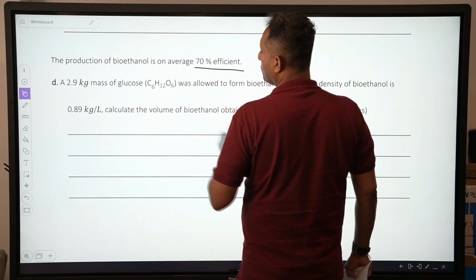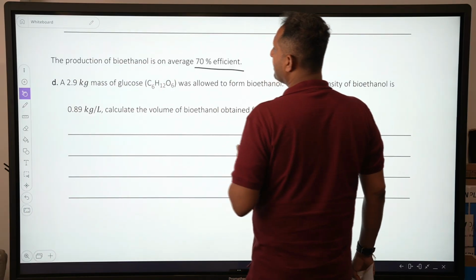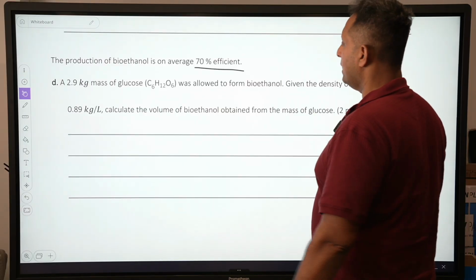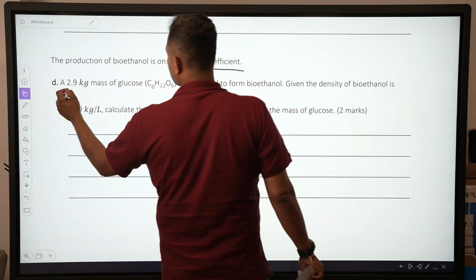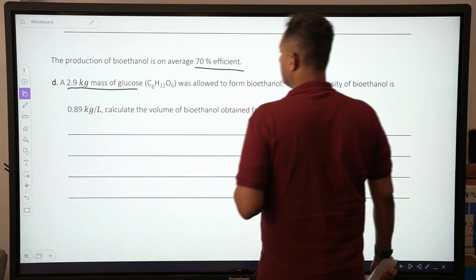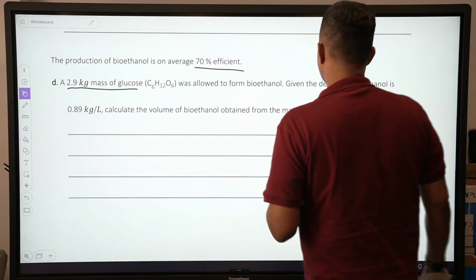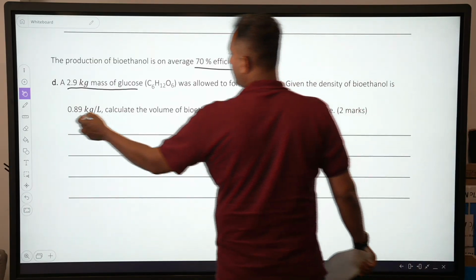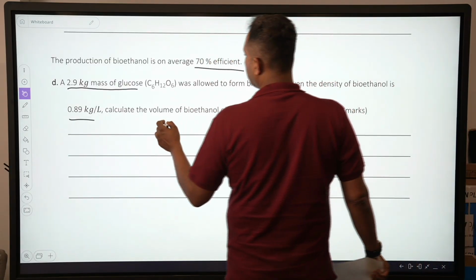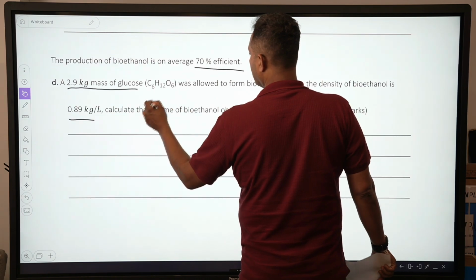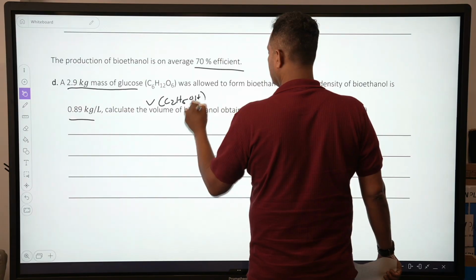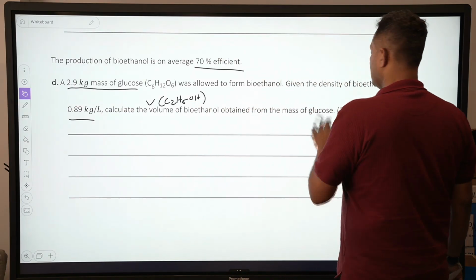The production of bioethanol is on average 70% efficient. The question is asking: you have 2.9 kilograms of glucose allowed to form bioethanol, and you are given the density. Calculate the volume of the bioethanol. So you need to find the volume of bioethanol obtained from this mass of glucose.